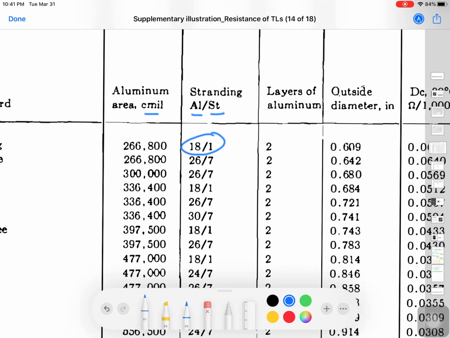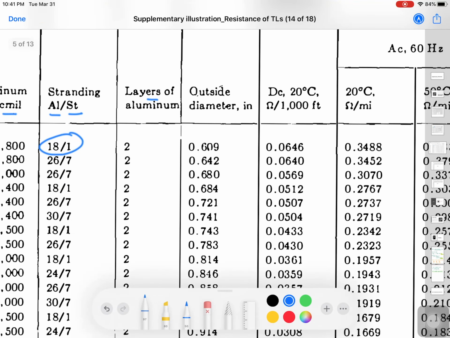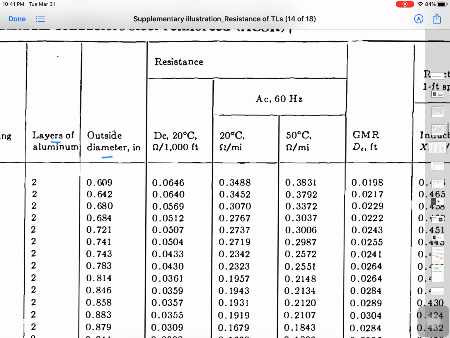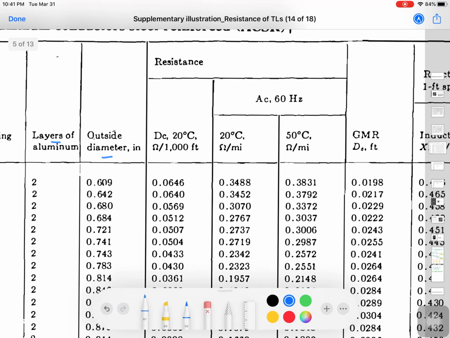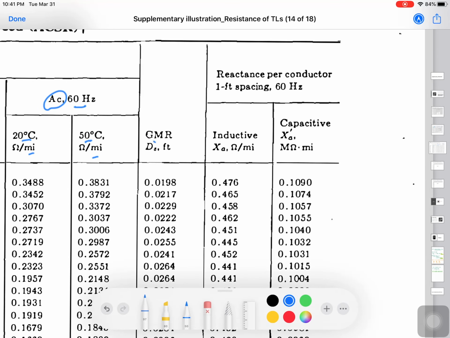And then layers are also shown here, and the outside diameter. Also the resistance: resistance at 20 degrees for DC, and for AC 60 Hertz, 20 and 50 degrees, in ohms per mile. Like the other table, there are also the GMR and the inductive and capacitive reactances.